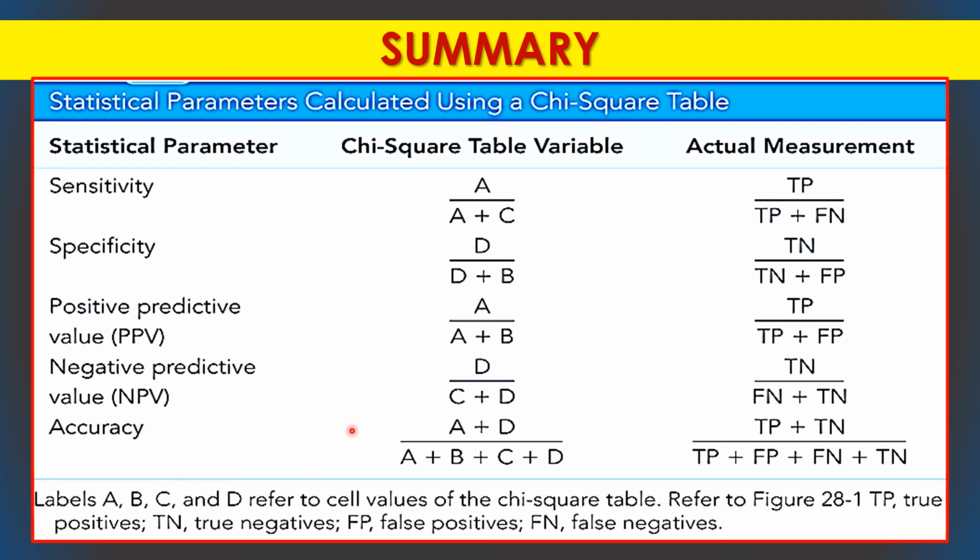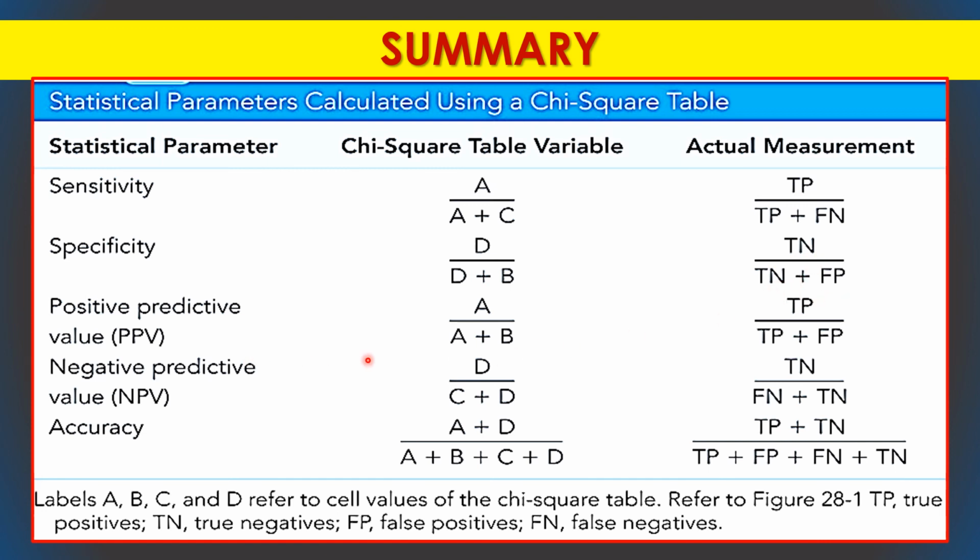As you see here, this is the summary of all the five tests that we have, and the formulas for calculating them. The sensitivity is the true positive divided by the true positive plus false negative. The specificity is the true negative divided by true negative plus false positive.